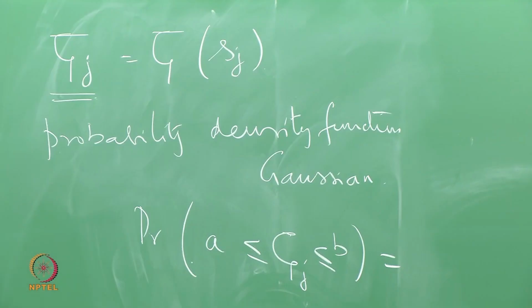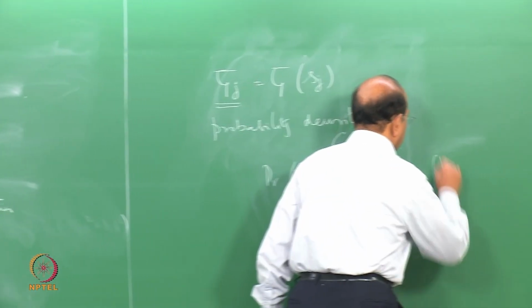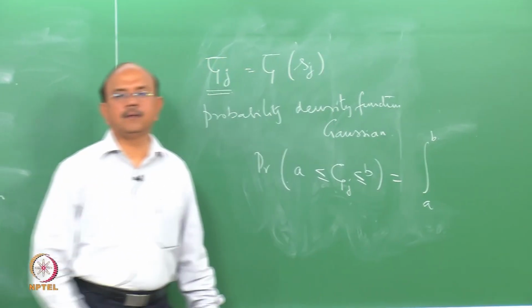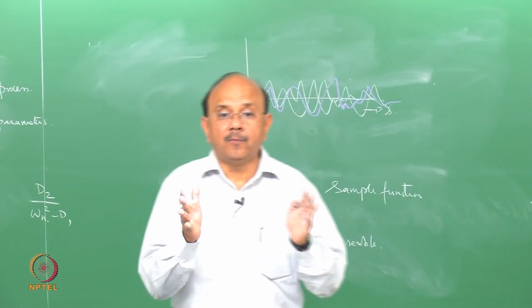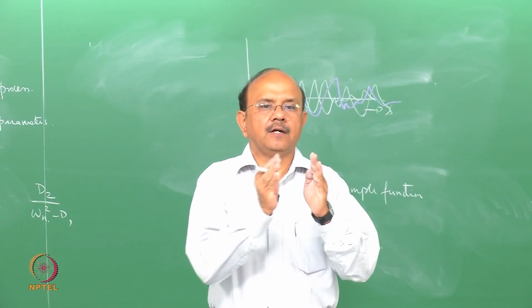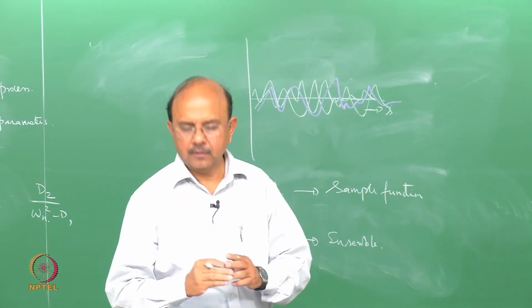is given by, how do we write this? What am I looking at? What is the probability that it is between, say, 3 mm and 5 mm?